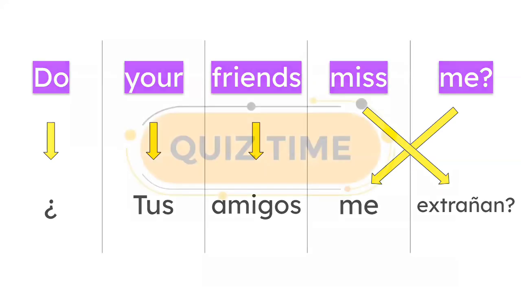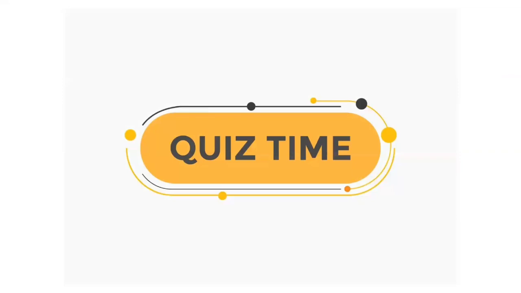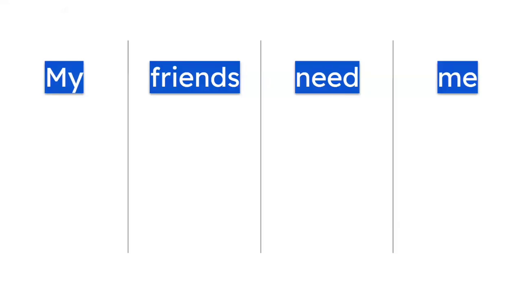Okay, and now to consolidate everything we have learned so far in this lesson, we've got the quiz time. I'm going to present to you one sentence of each type that we have seen so far. An affirmative statement, a negative, and a question. The first one. My friends need me.